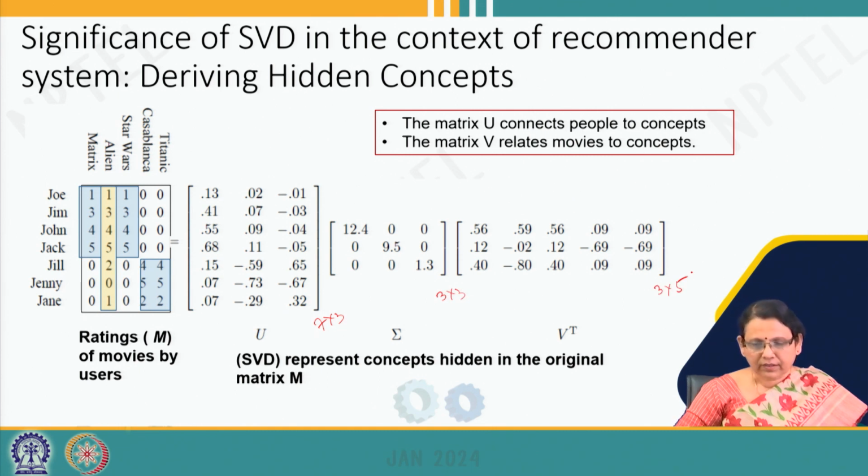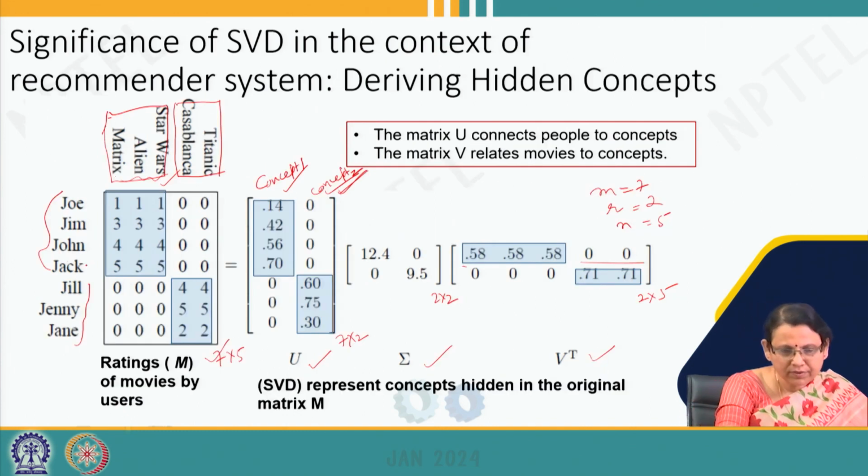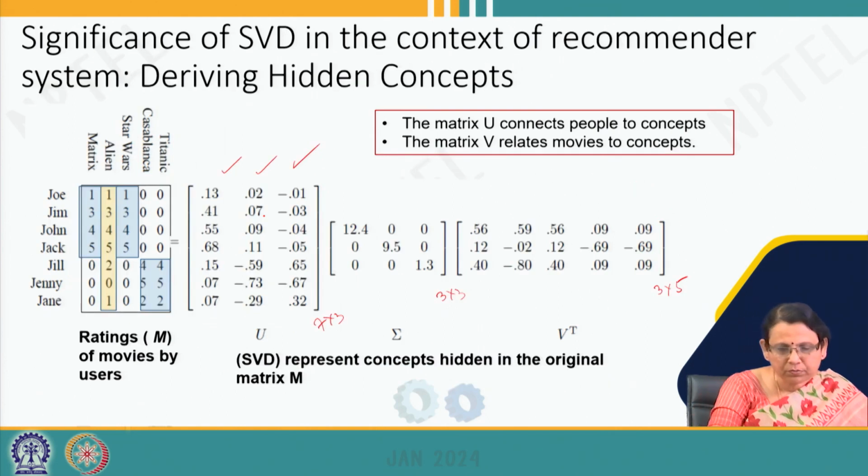But still, look at this, in the original one the first 4 people were liking this concept. Now, these first 4 people are liking the concept, but it is a little jumbled up, they are not distinct because there is some movie which is liked by both categories of people.